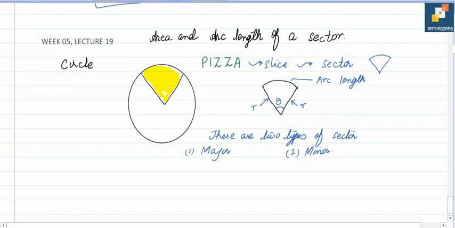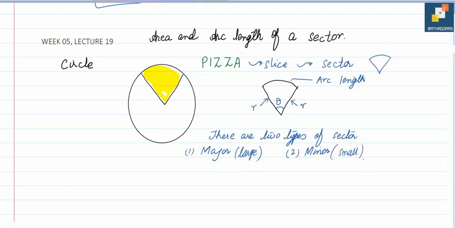As you can see, their name identifies their property, that major sector is a larger one, right? And minor sector is a smaller one. So what quantity or what property differentiates between these two, major and minor? That property is basically angle. Angle decides whether the sector is major or minor.